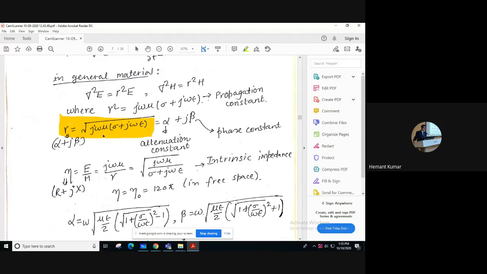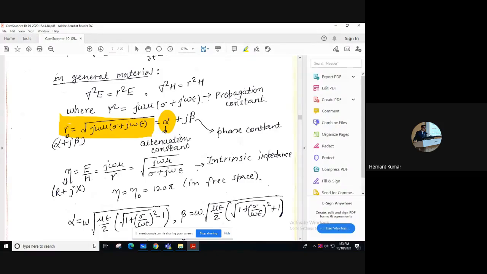This is a complex quantity, right? It can be decomposed into two components, the real part and the imaginary part. The real part is known as the attenuation constant.